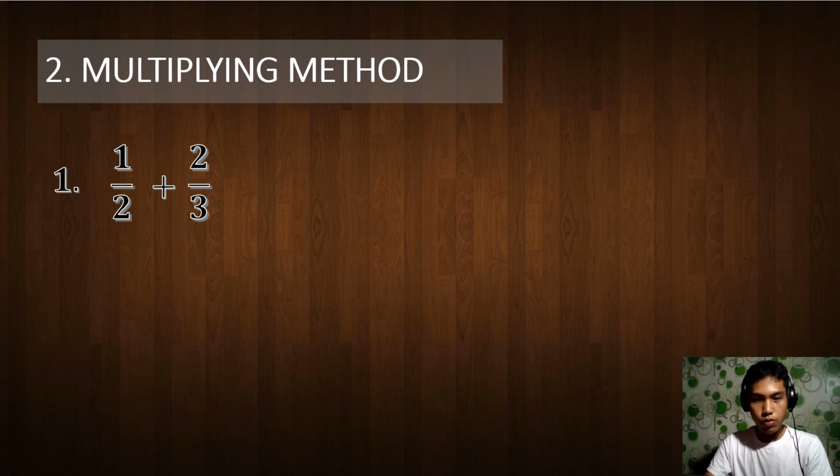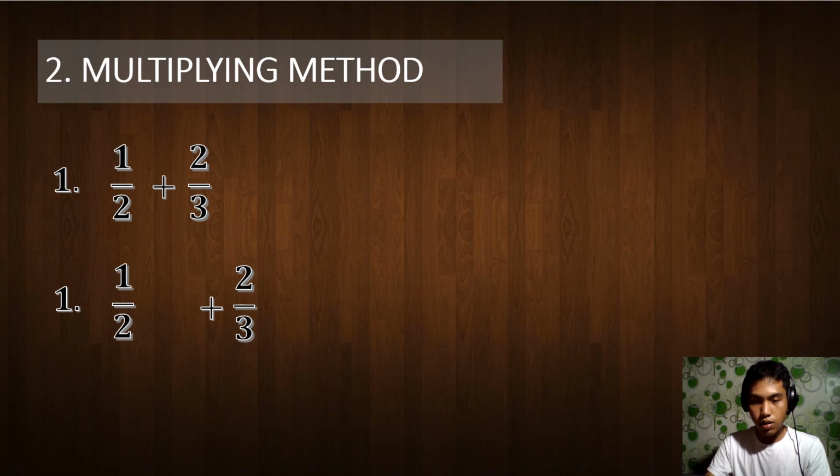So let's move now to the multiplying method. Now we have here 1/2 plus 2/3, the same example as in the previous method. I'll just emphasize how the process is done for each method. Here, the idea is we think of a number, just like in the previous one, that can be divided by both 2 and 3.